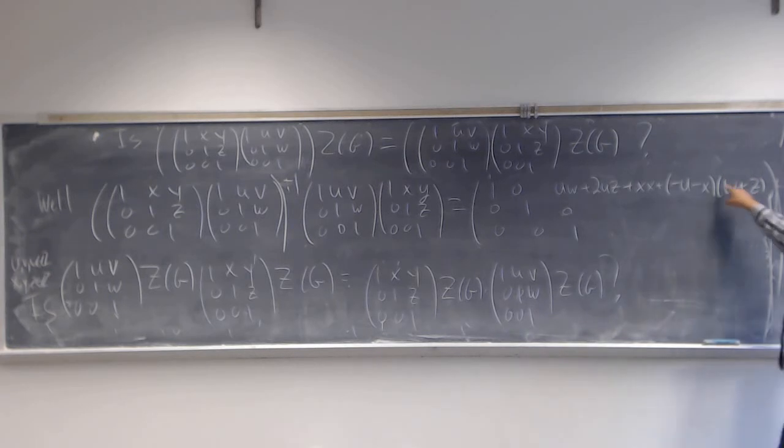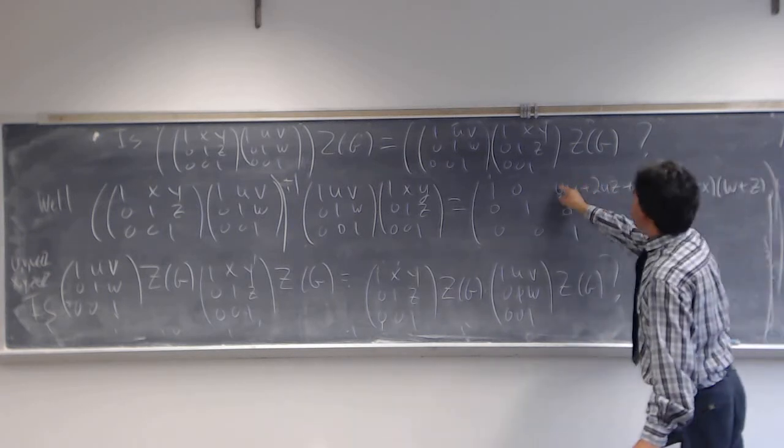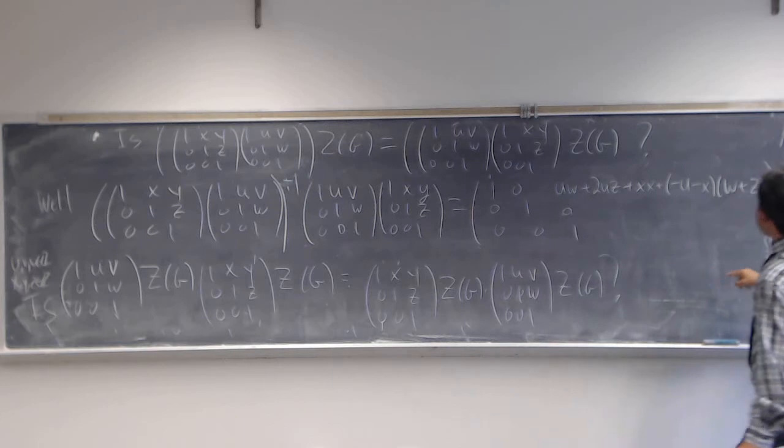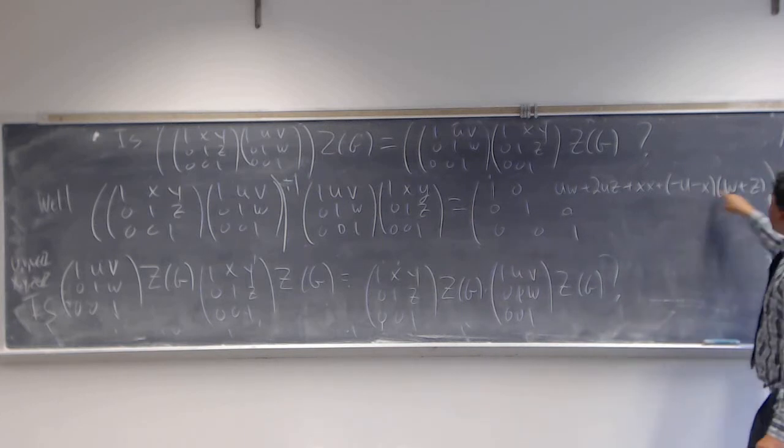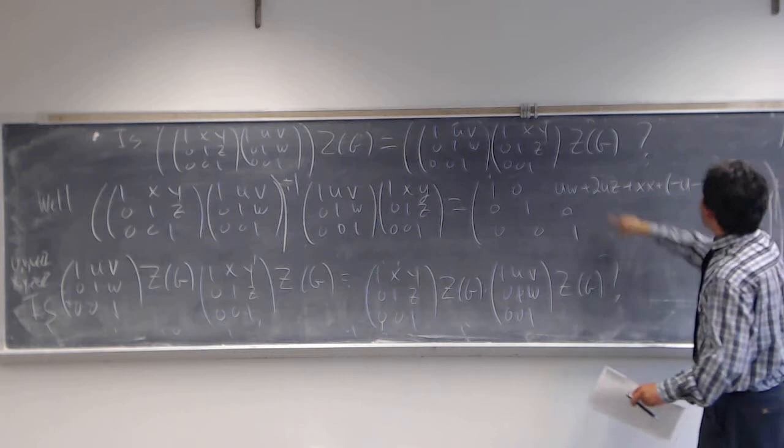You can see this is a UW that would cancel with these. This would be another negative UZ, canceling with one of those.